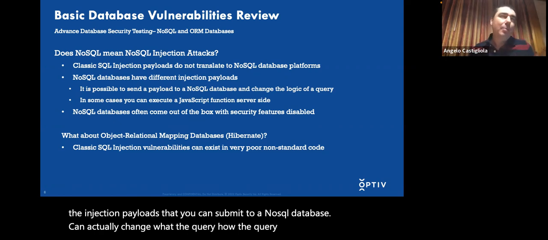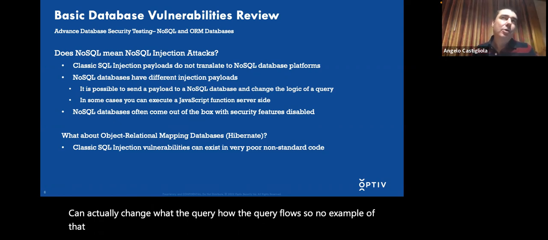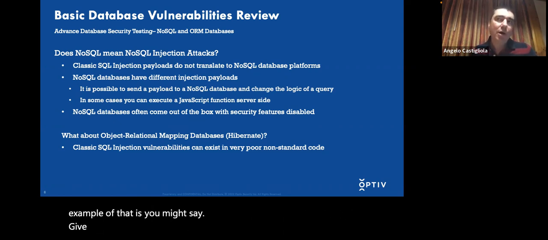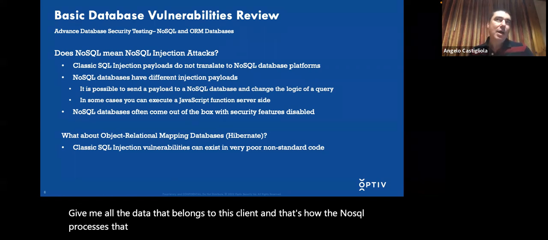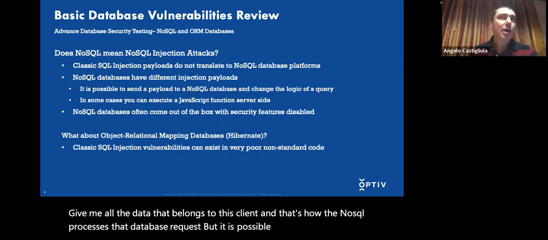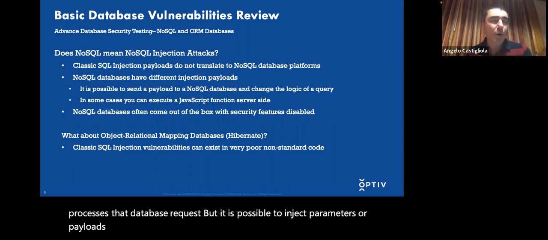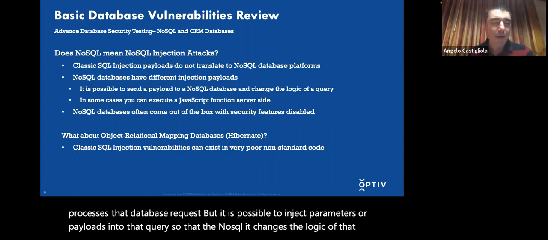An example of that is, you might say, give me all the data that belongs to this client, and that's how the NoSQL database processes that request. But it is possible to inject parameters or payloads into that query so that it changes the logic of that NoSQL database statement.